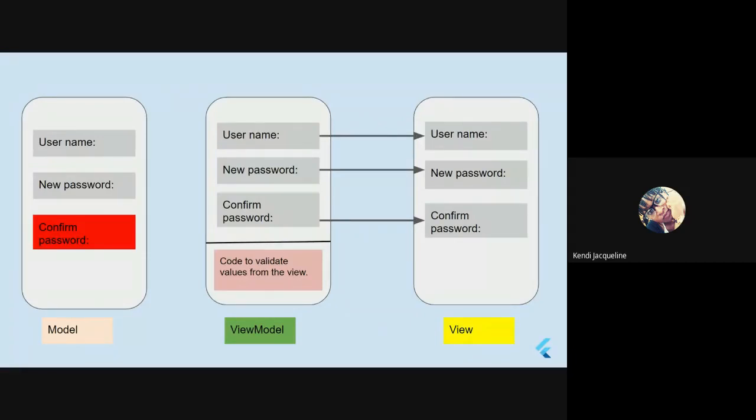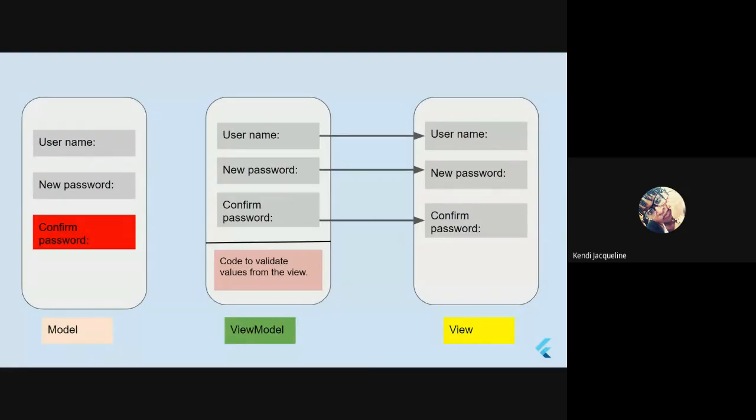You are literally mapping everything on the view model because this is the point which validates your credentials or whatever you're keying in. And the good thing about the view model is it supplies and gets data from the view, or rather the reset screen.